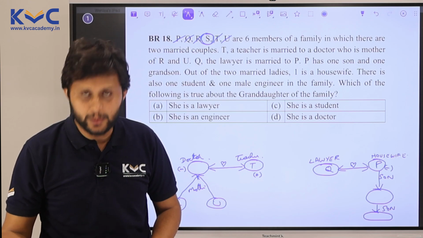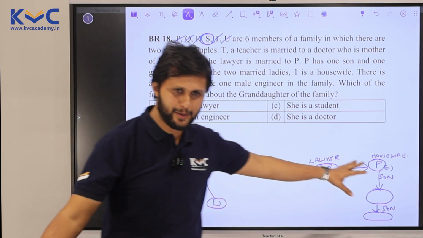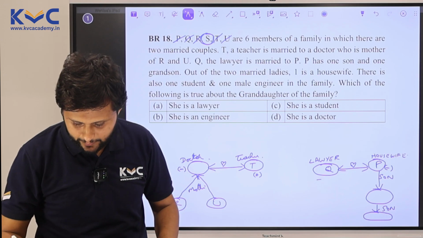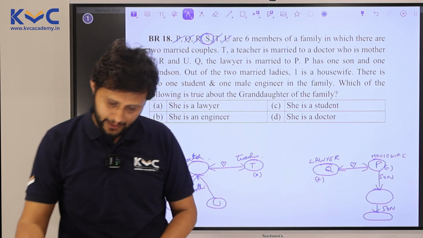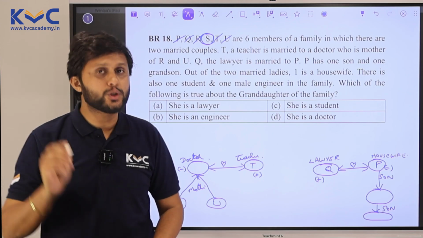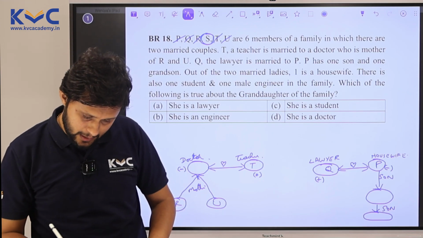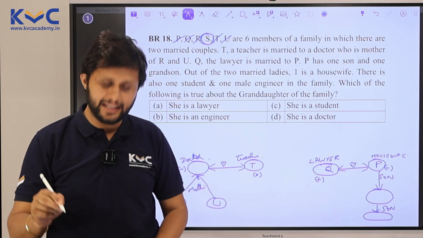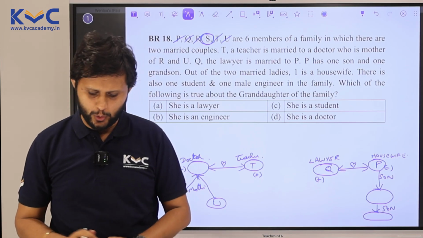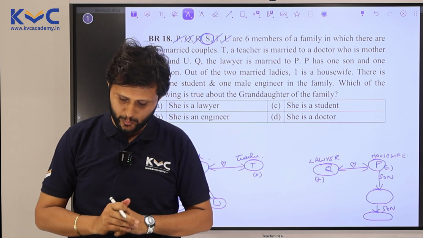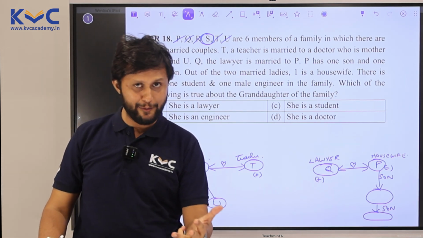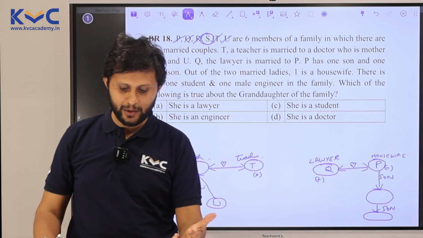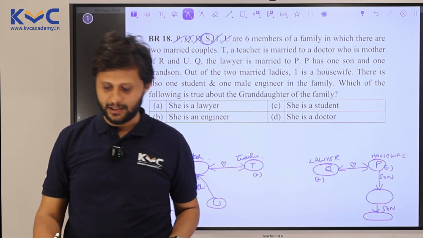So P is negative, not negative in the sense, female member, and for lawyer we'll put a positive sign which means a male member. They are also saying there is one student and there is one male engineer in the family. We do not know much about it now. We know we have doctor, we have teacher, we have lawyer, we have housewife. Now what do we have? One student, one engineer. Okay.